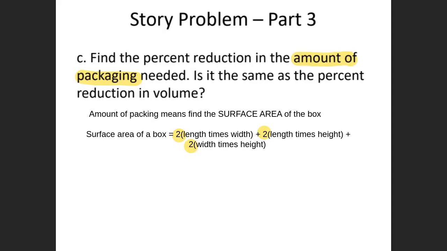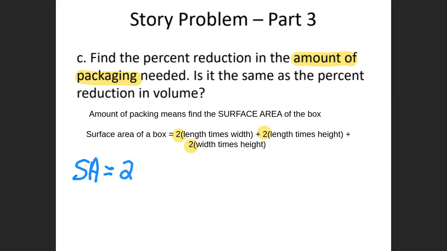So we have got to do the original box. Then we have to do the new box with the change in dimensions. So we're going to use some of what we did, but we're just going to move it forward. Now, this is where we begin. Okay, surface area.